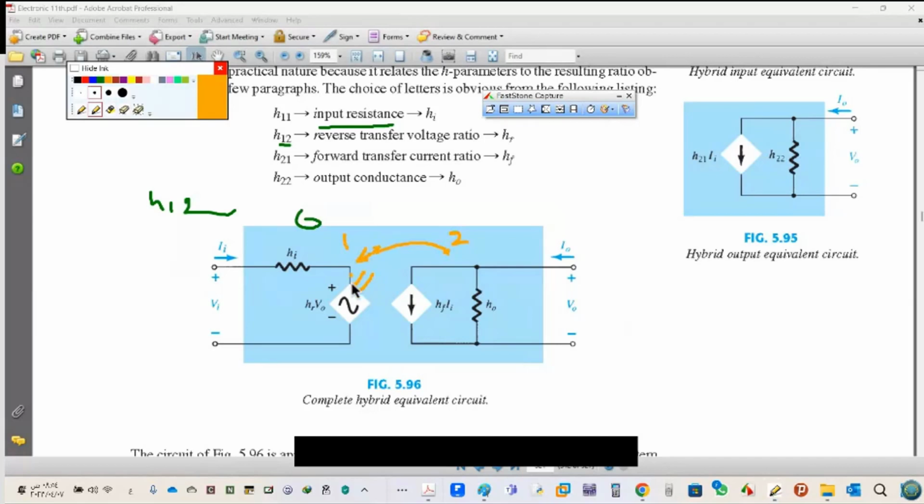You can find it in this one, the HR, reverse. Now, opposite case, H21.